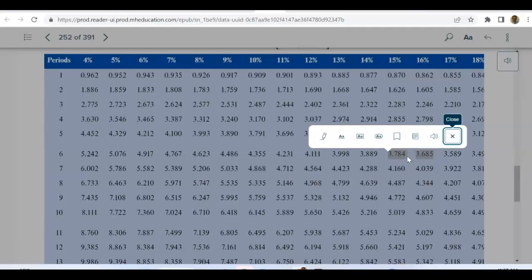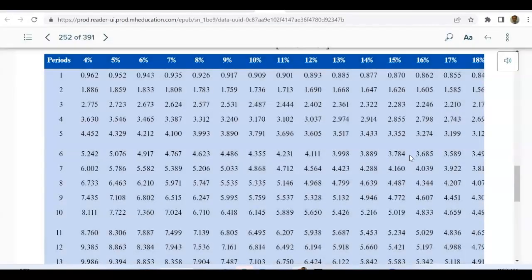So the annual return, the internal rate of return of this investment, is close to 16%, maybe a little bit less, let's say 15.5 or 16%. So that's the internal rate of return this type of investment will have, right?